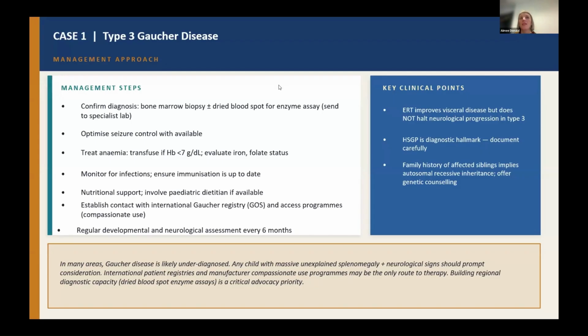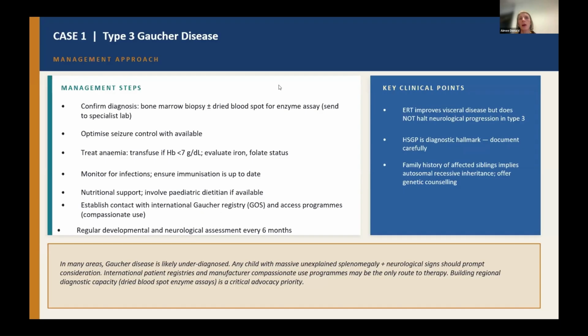We want to think about the things that we can intervene with. So if you have a profoundly anemic child and you've got iron deficiency, these are things that we can treat. We want to monitor for infections and immunize our patients as much as we possibly can within our means. Nutritional support is something I'm very passionate about, and you've heard me talk about it already.